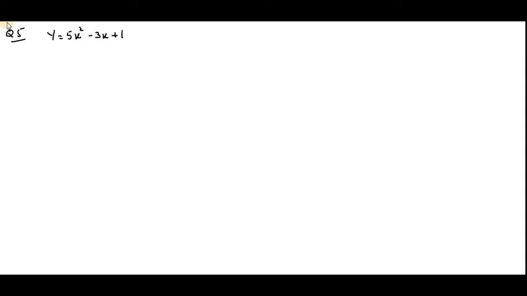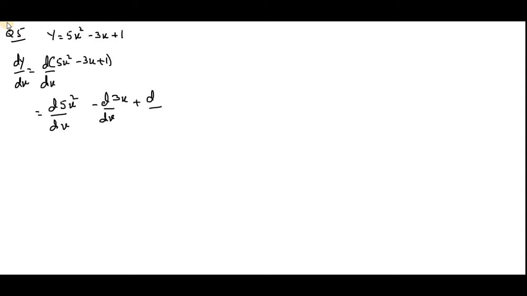Now question number 5, we see that it is a combination of sum rule and subtraction rule. So taking dy by dx of 5x square minus 3x plus 1: d by dx of 5x square minus d by dx of 3x plus d by dx of 1.